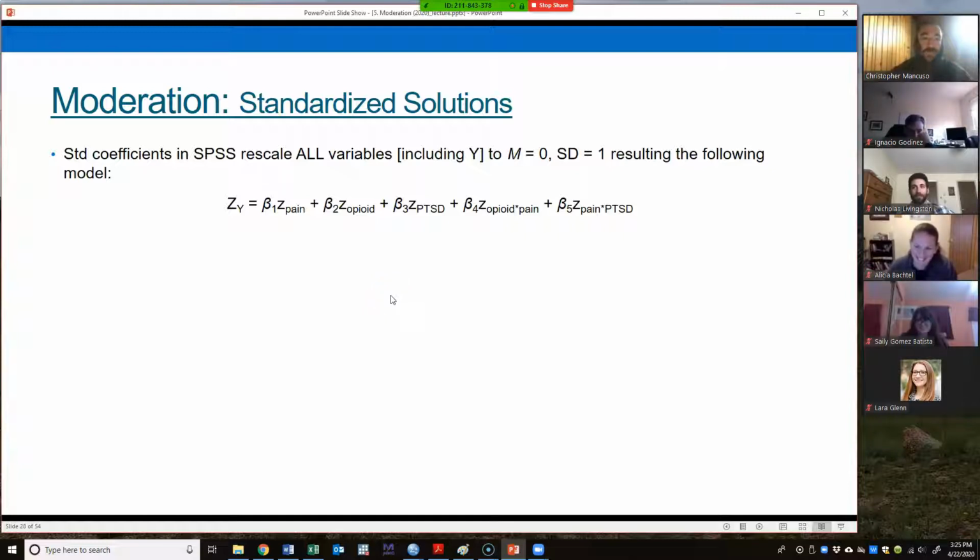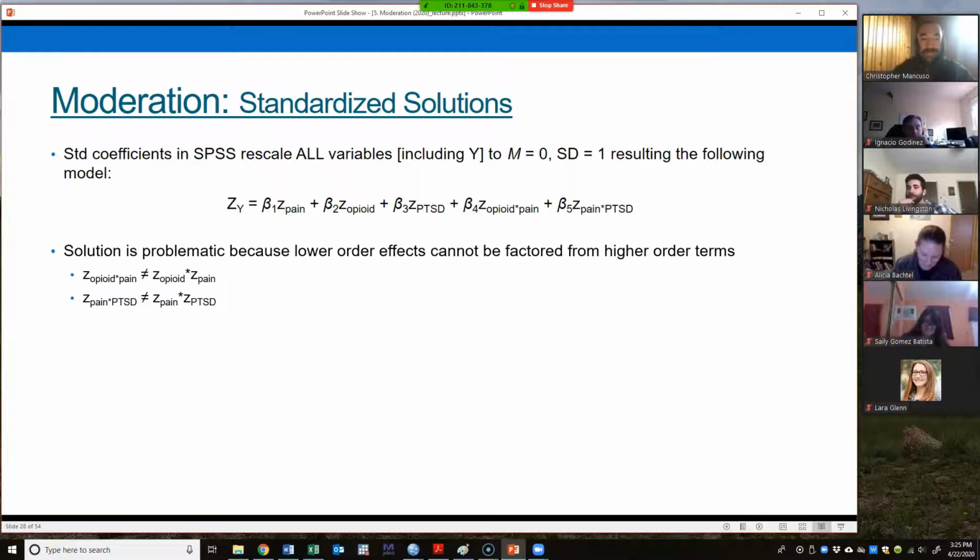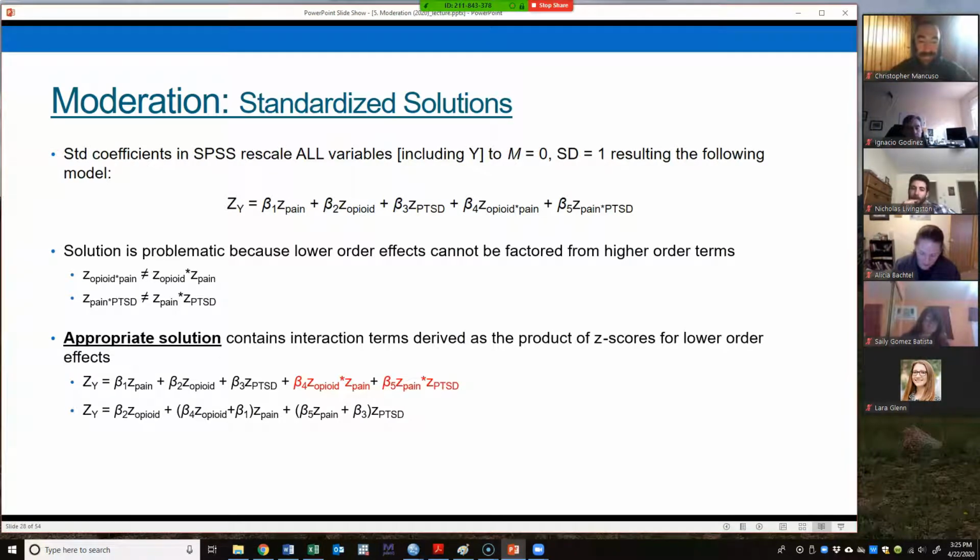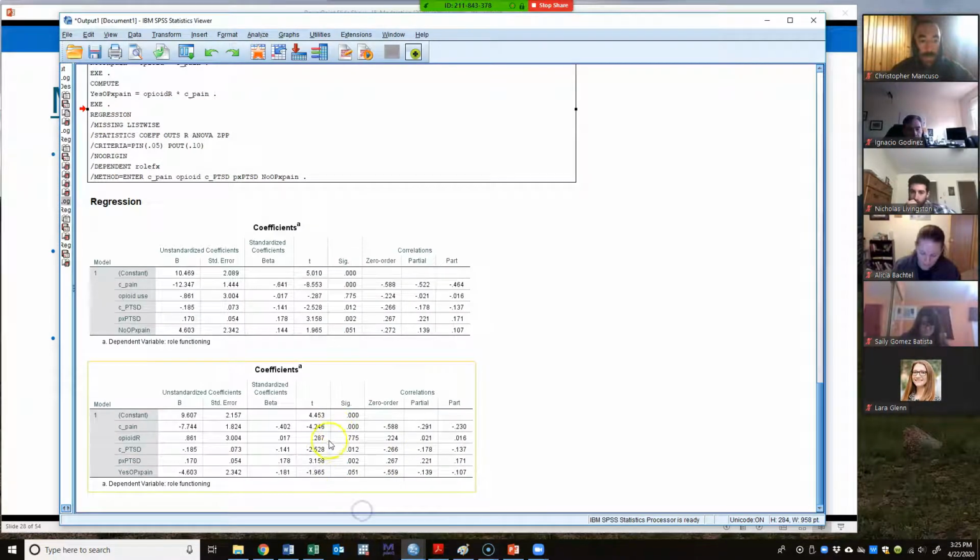All right. So we talked about standardizing solutions, right? We didn't talk about this a whole lot, but remember that your standardized effects for your interaction terms are not technically correct, okay? Your standardized coefficients for your conditional effects are fine, but for your interactions, they're not.